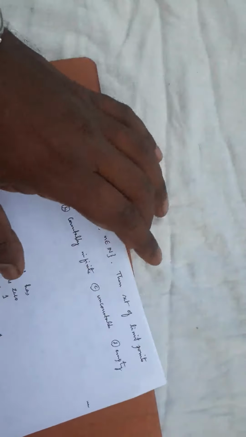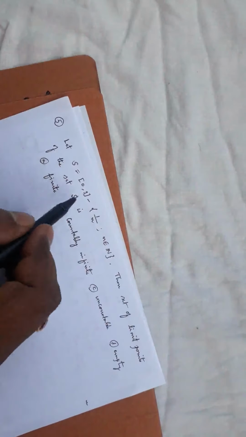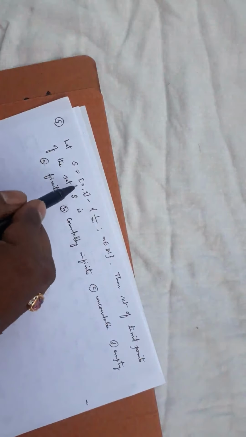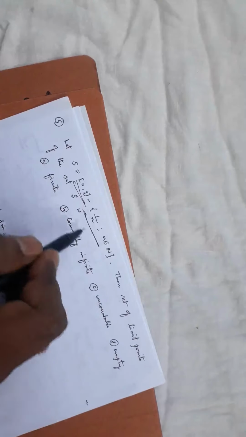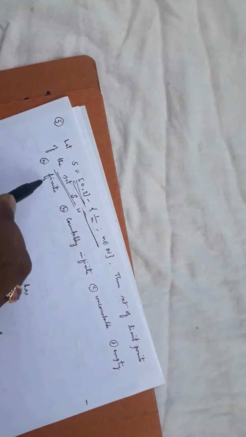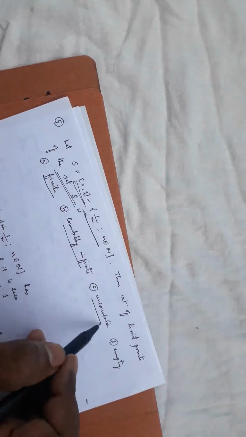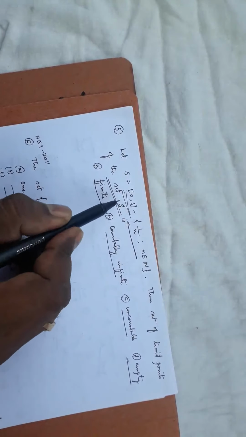Yeah, next question: let S be the closed interval 0 1 minus some set. The set of limit points of the set is finite, countable, infinite, uncountable, or empty. So we need to think about the set of limit points. What will be the limit points for this? See this example he had given.